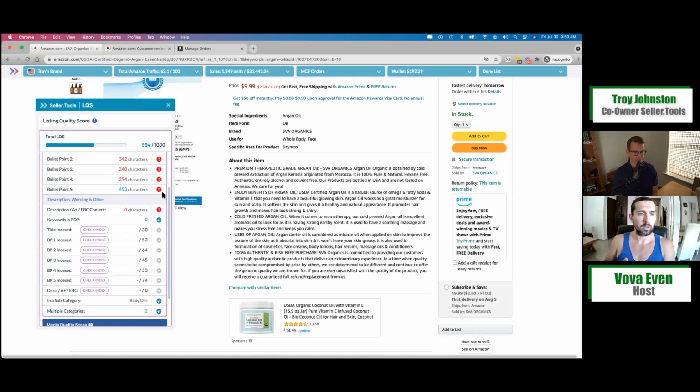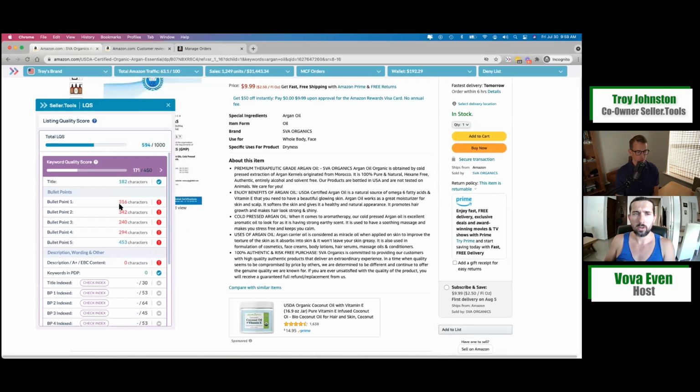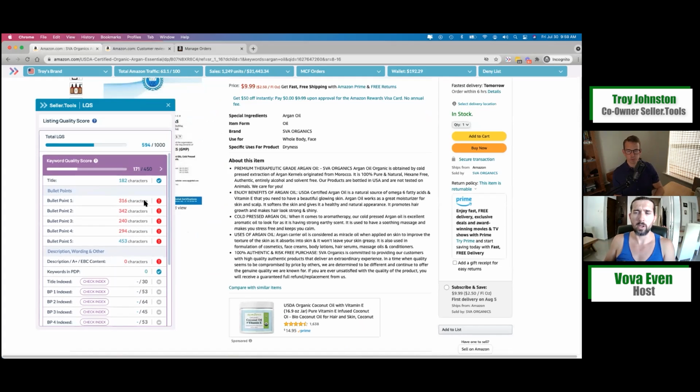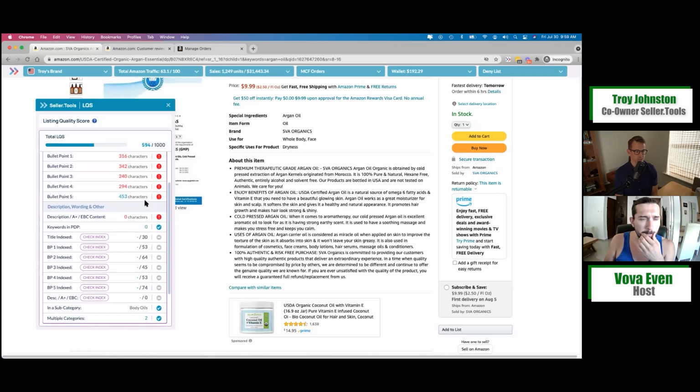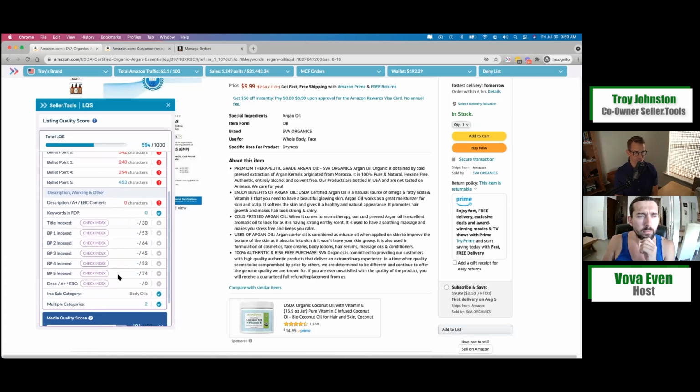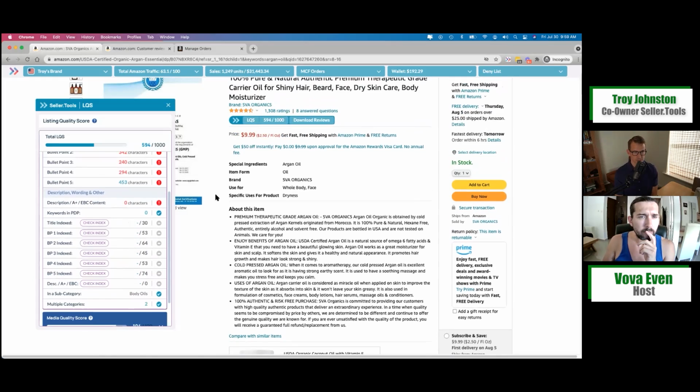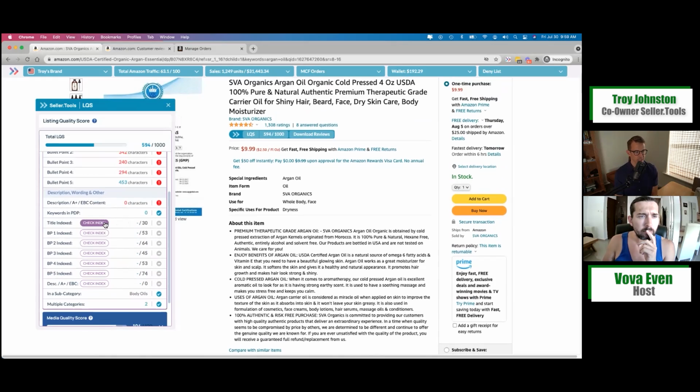And I have to highlight now, because when we've touched on characters, that's the quantity side of things, right? So do you meet the best practice for the quantity of characters, the use of keywords in your listing? But what's really cool, in addition to being able to check index, as we touched on for A+ and EBC, is that you can, in real time, check index for your title, for your bullet points.